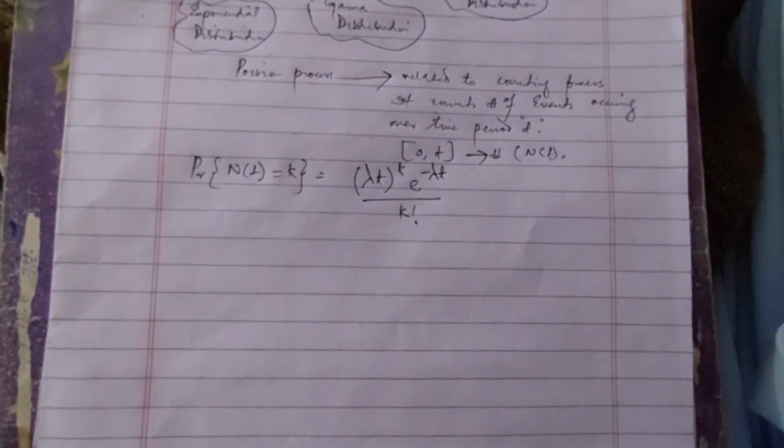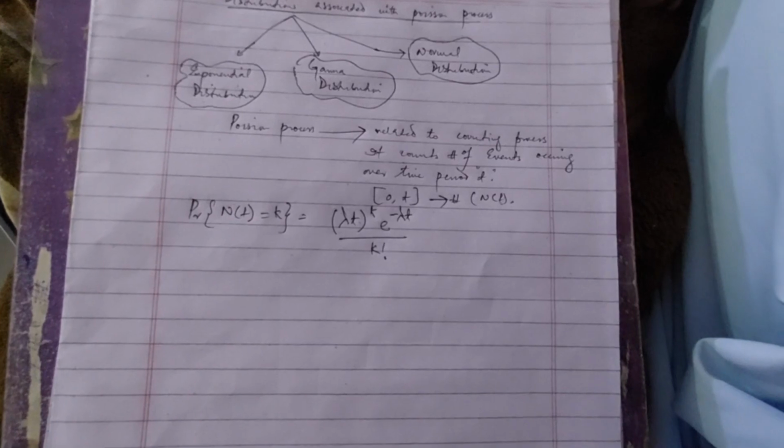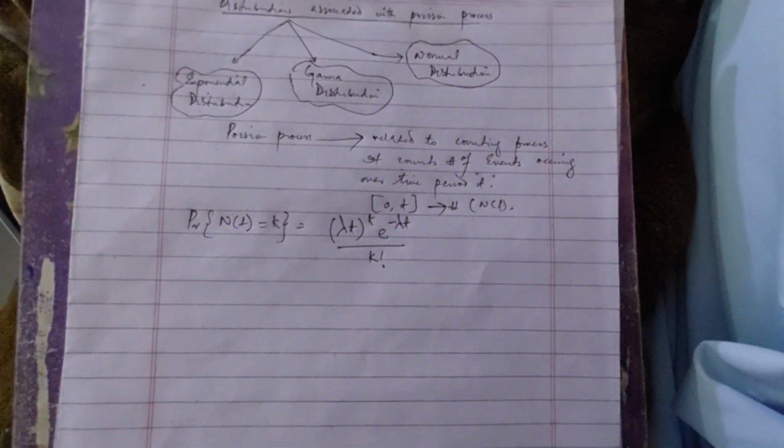This is one of the main things in the Poisson process. Now we will move towards the exponential distribution, and explain how it is associated with and what it does in the Poisson process.